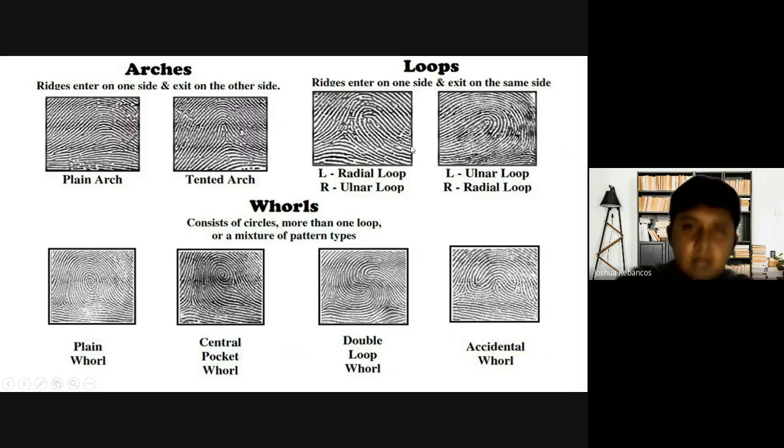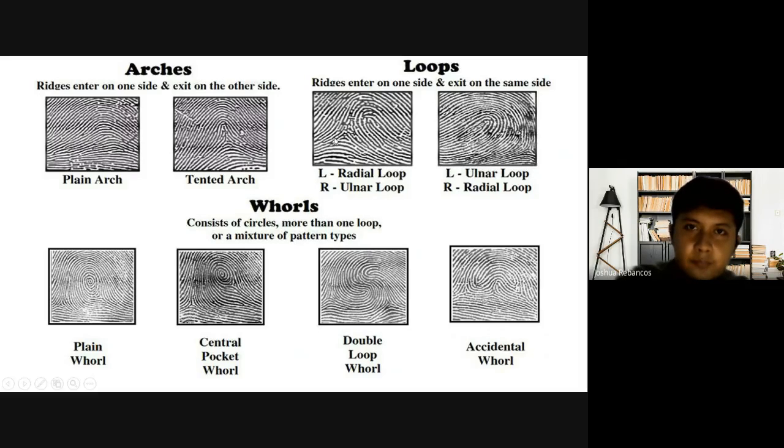Kaya nga loop, di ba? Dito naman, galing siya sa left side, lumabas rin siya sa left side. Kung papansinin nyo, ito yung tinatawag sa gitna, ito yung core ng ridge pattern nyo. That's the core. Ito naman, this is the delta.